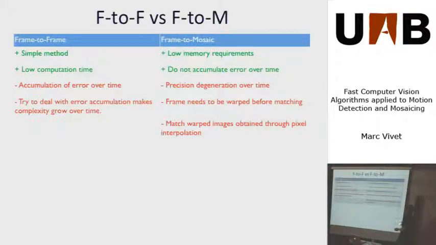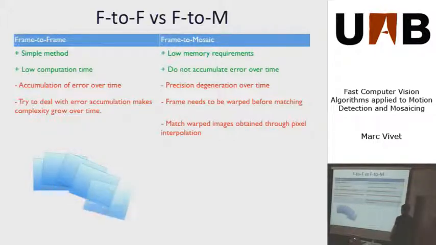In the case of frame-to-frame compared to frame-to-mosaic, frame-to-frame is a very simple method, and the computational time is very low because you only need to estimate transformations between frames that are close, and this should be a very small transformation. But they accumulate error over time.